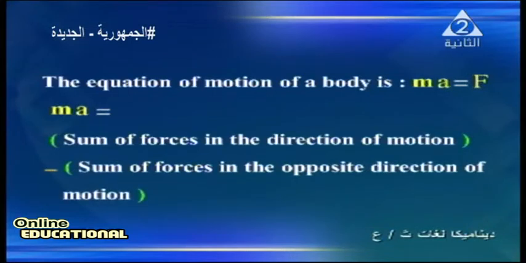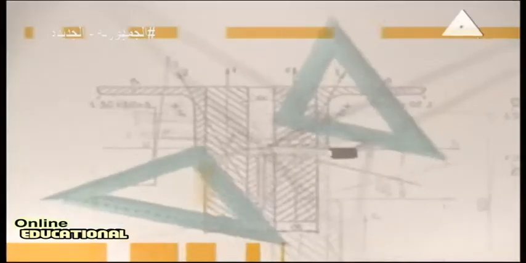Then ma equals F means the mass of the body multiplied by the acceleration a equals F. F here is the resultant of the forces acting on the body. But we know that F equals the sum of forces in the direction of motion minus the sum of forces in the opposite direction of the motion.